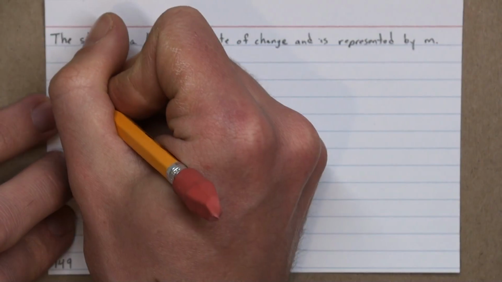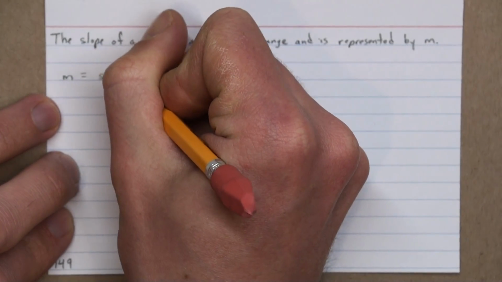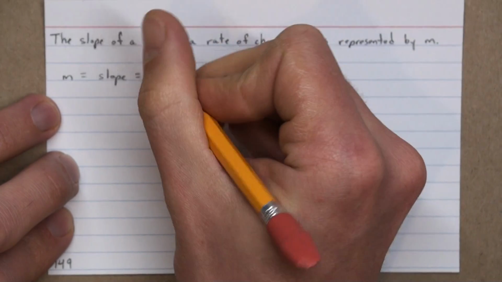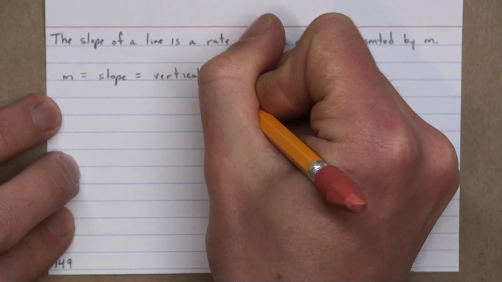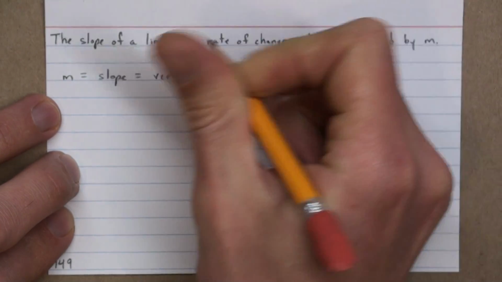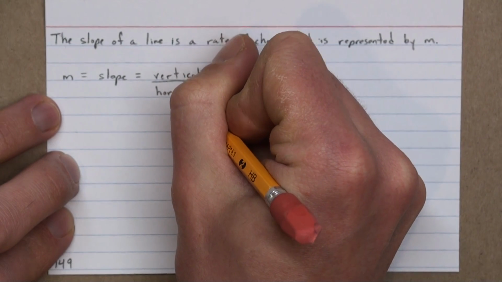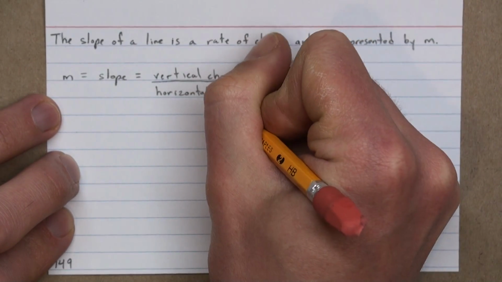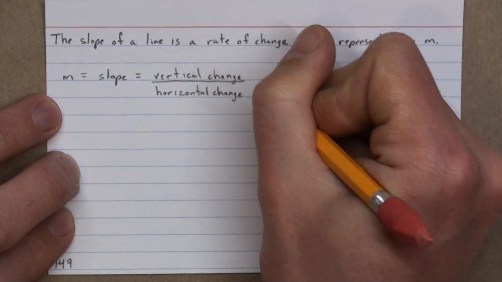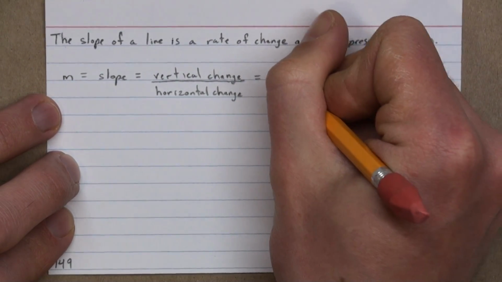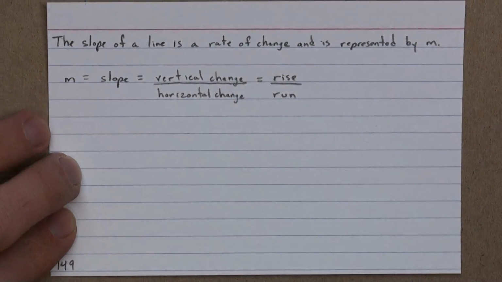So let's say that m equals the slope, which we can think of as the vertical change divided by or over the horizontal change, which is also equal to rise over run.